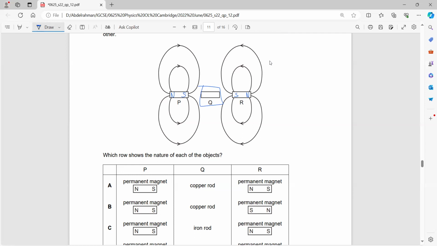There are no magnetic poles on Q. It wasn't attracted to either P or R. So it's a non-magnetic material. It will be a copper rod. It cannot be an iron rod. Why? Because if it was an iron rod, it would have been a magnet by now. P and R are permanent magnets with north and south poles. So the answer would be B.